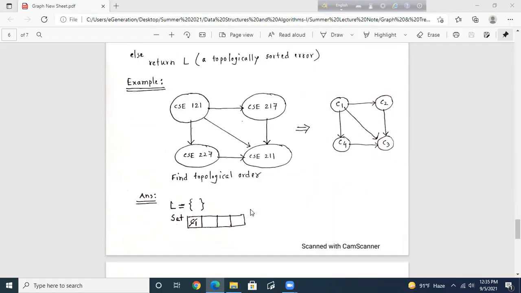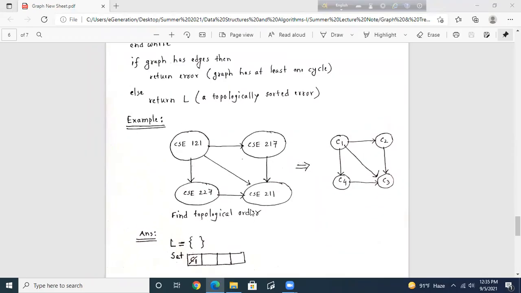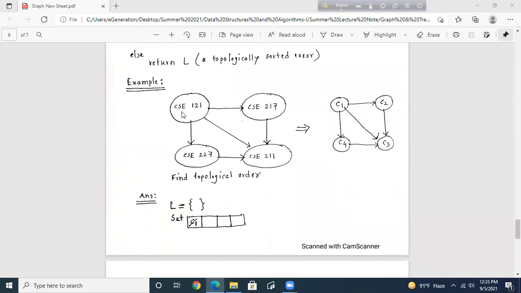So topological order, I can calculate the topological order from the graph. Since the names CAC 1 to 1, CAC 217, CAC 227, CAC 211, those vertex names are long, I have renamed CAC 1 to 1 as C1, CAC 217 as C2, CAC 227 as C4, and CAC 211 as C3.